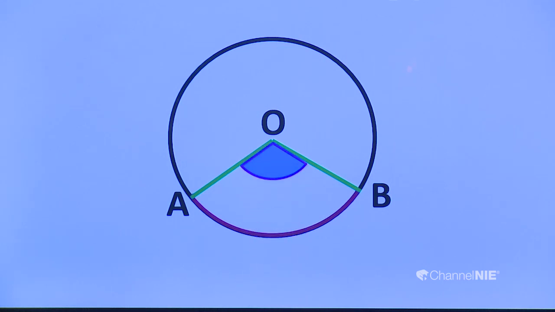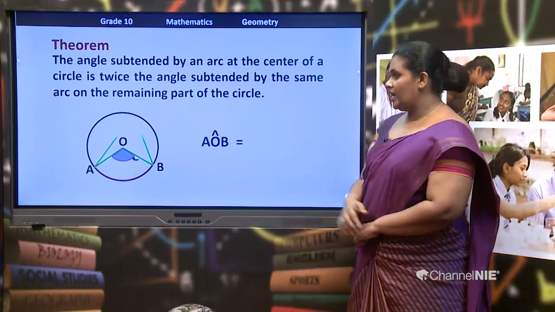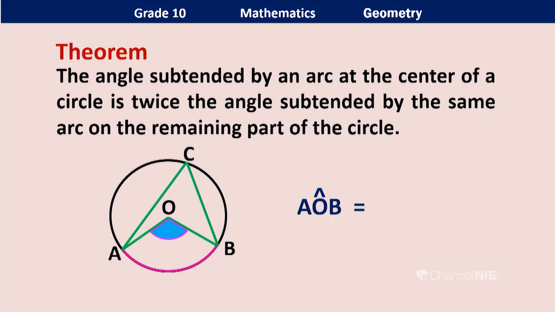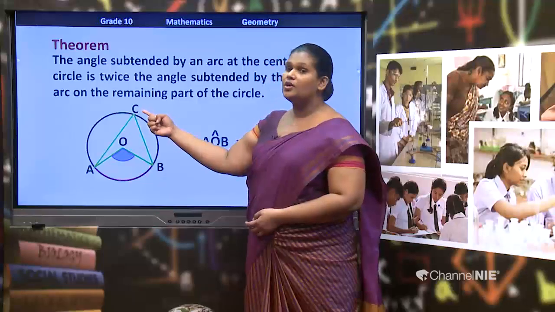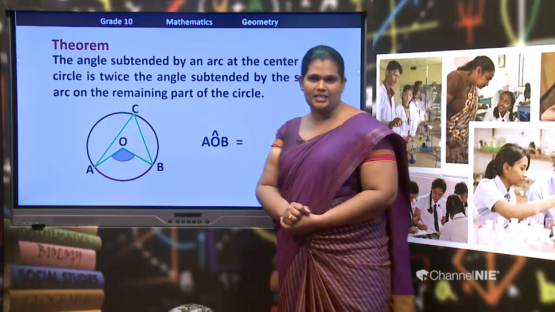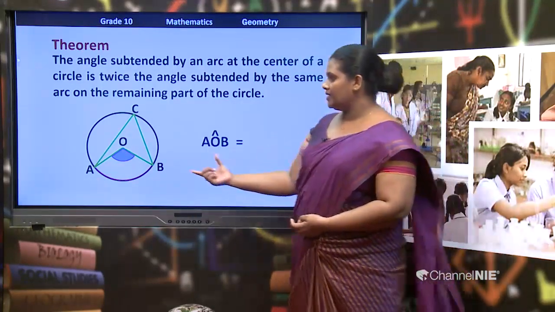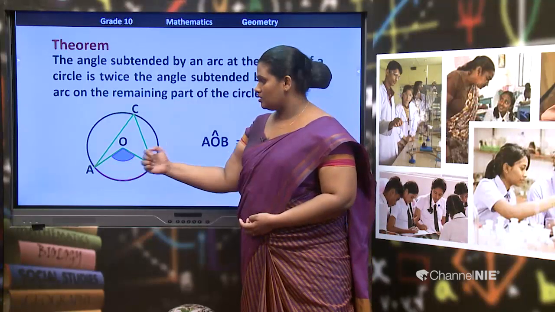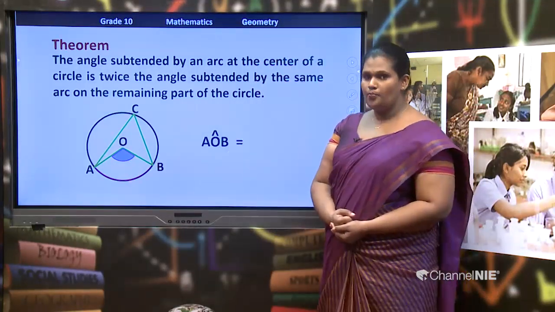Now, this is the angle we have discussed previously. Now, the second part. We can construct an equation when we consider the theorem. In the theorem, they say the angle subtended by an arc at the center of the circle is twice the angle subtended by the same arc on the remaining part of the circle. Now, we know the angle subtended by an arc at the center of the circle is AOB.